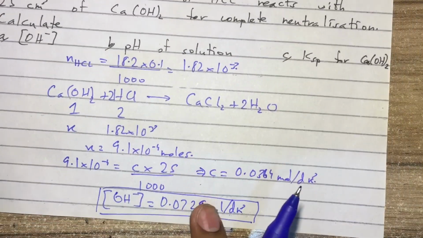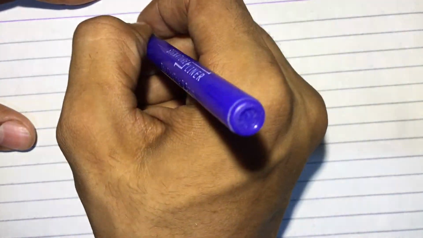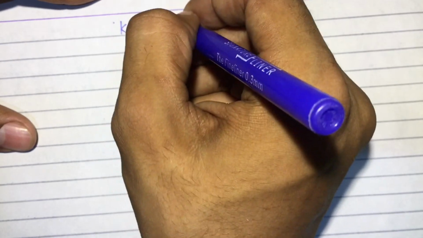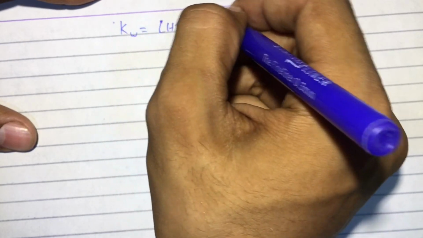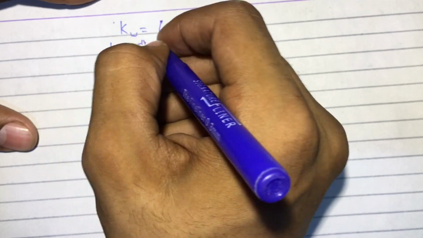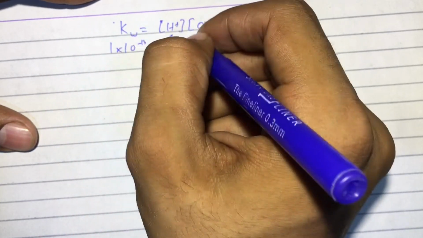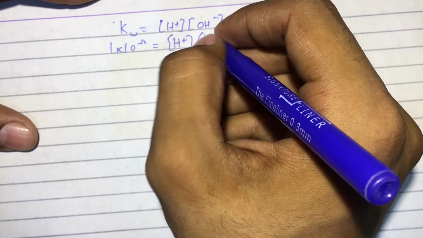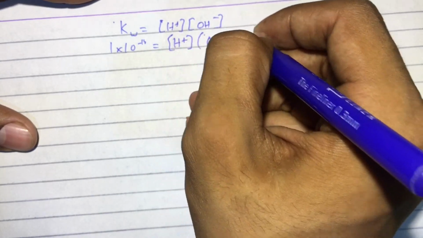Next is the pH of the solution. So we have the concentration of hydroxide ions. Using the Kw expression, Kw is equal to H plus concentration times OH negative concentration. Kw is 1 times 10 power negative 14, equal to H plus concentration times 0.0728.